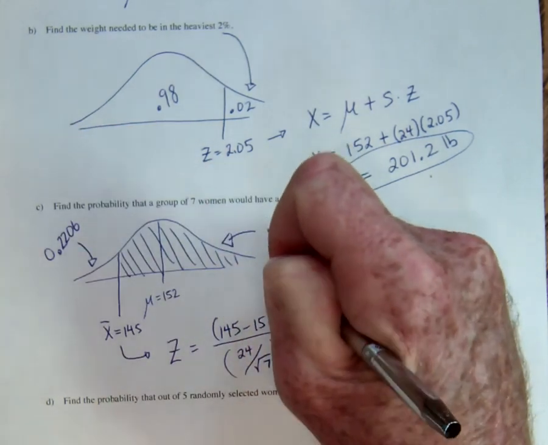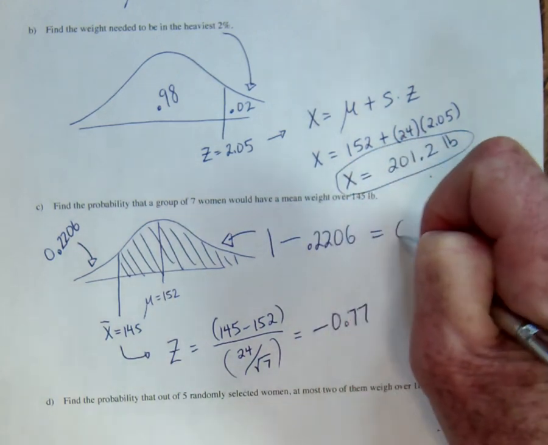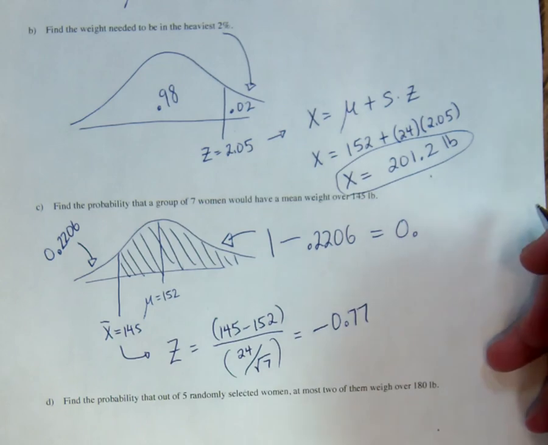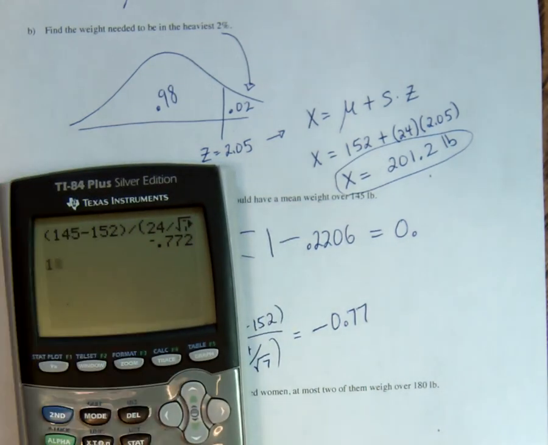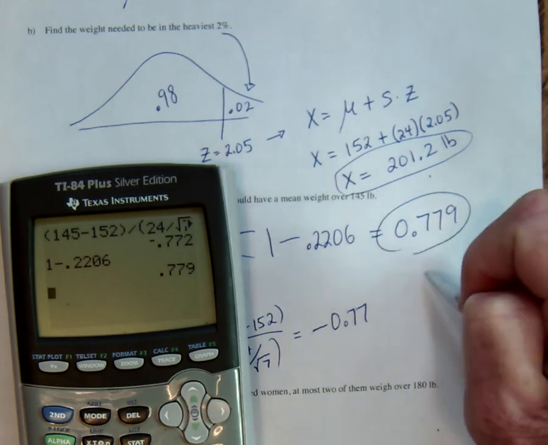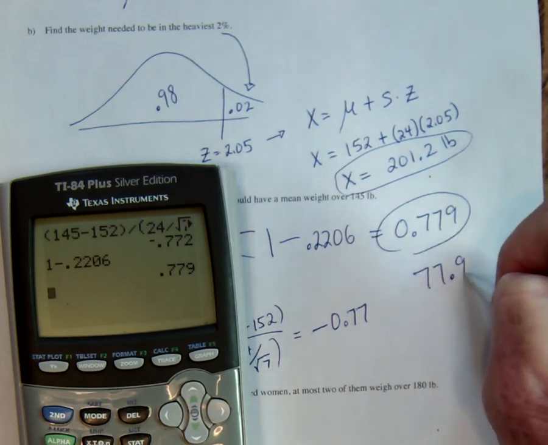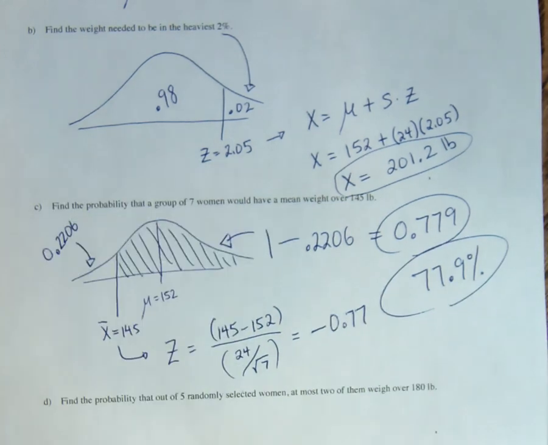This side would be 1 minus 0.2206. So 1 minus 0.2206 is .7794, and you can leave it in decimal form or say that's 77.9%. All right, there we go.